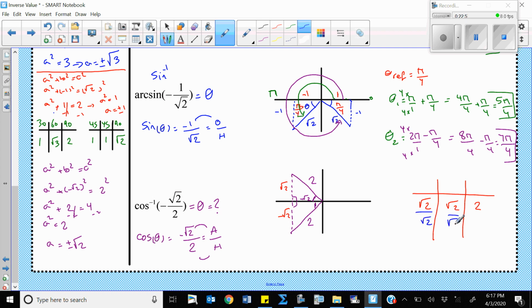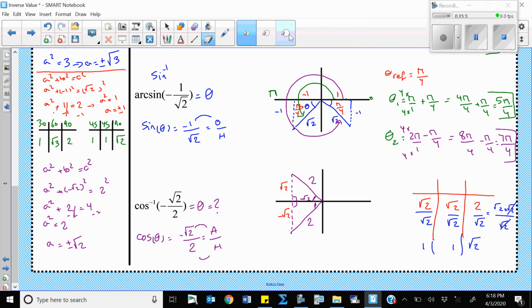Because I'm looking for the ratio, I can divide all of them by the same number. Root 2 divided by itself is 1. The same is here, that is equal to 1. And 2 divided by root 2: we know 2 is radical 2 times radical 2, and in the denominator we had radical 2. They cancel each other, so I'm left with just root 2 here. And now you see the same ratios of 45, 45. So whenever you see root 2 and the hypotenuse is 2, that means you have the same ratio as 45, 45.